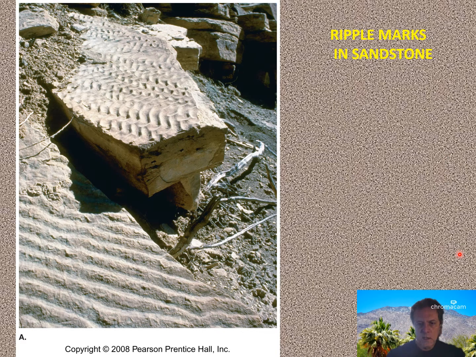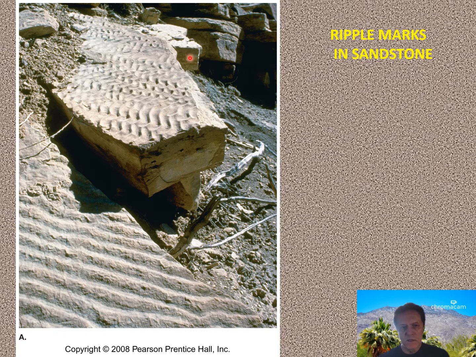This is another sedimentary structure that we call a ripple mark. A ripple mark, as you might guess, is something formed by a moving current, either of water or air. You can get ripple marks on sand in a desert, but mainly the ripple marks that are formed by moving water are usually better preserved.